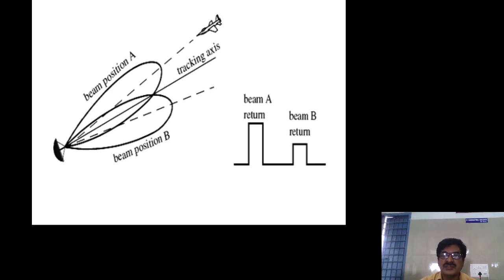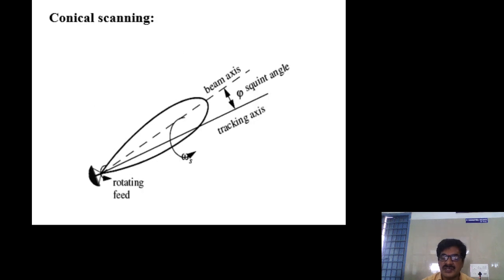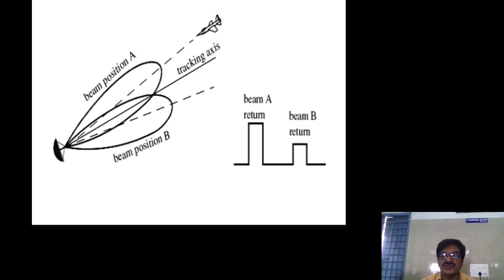Let us observe the echo magnitude for position A and position B. Here the echo amplitude for position A is large compared to position B. So you can observe an amplitude difference in the echoes received for position 1 and position 2.